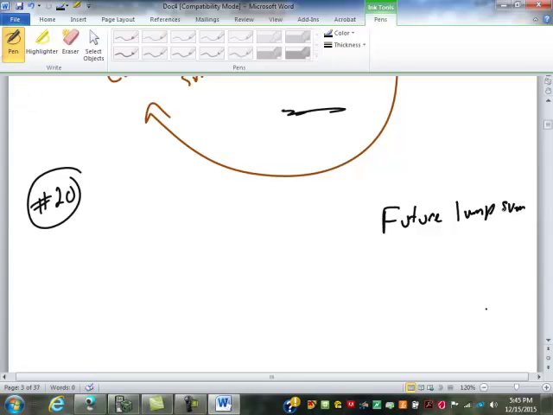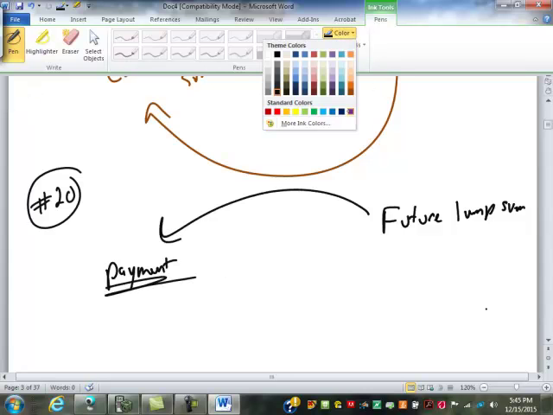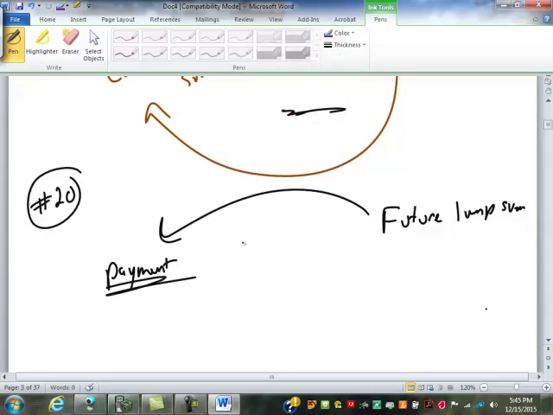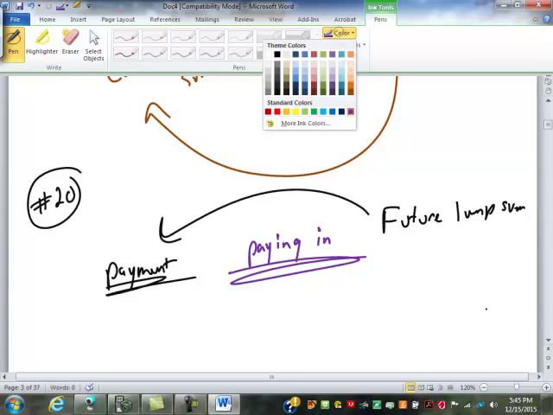He wants to know how much he needs to put away each month. So we're looking for that regular monthly payment. What's the necessary regular monthly payment? So this is paying in, and we have the future lump sum.